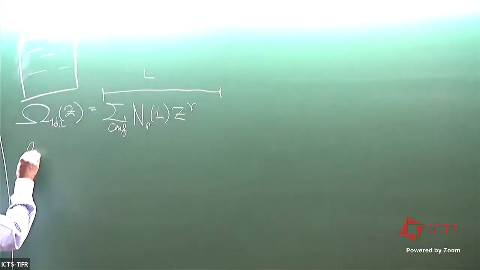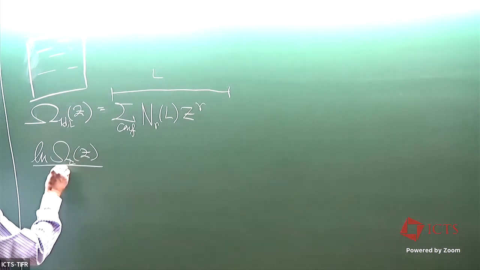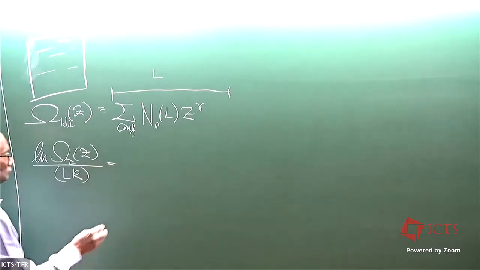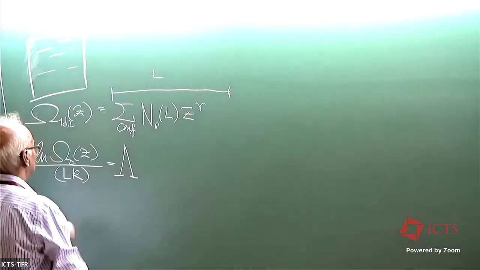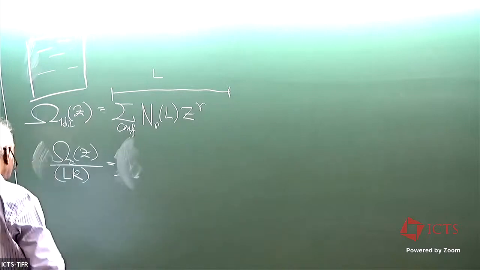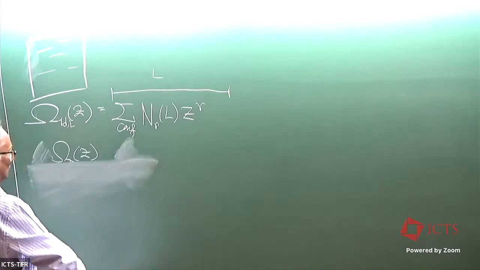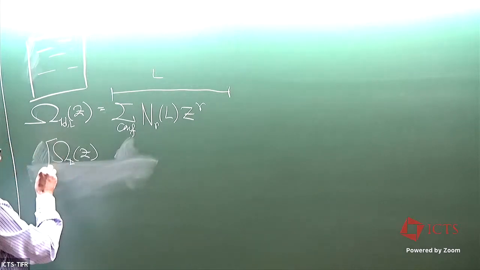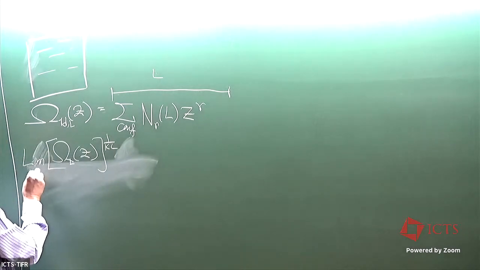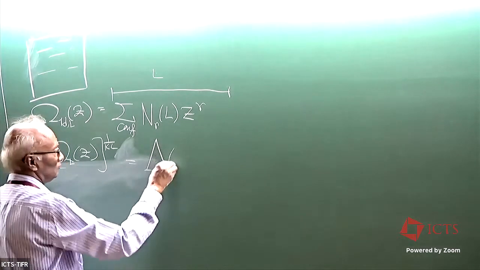And omega L raised to the power 1 by LK, in the limit L goes to infinity, is called the partition function per site, lambda, and it's a function of z.